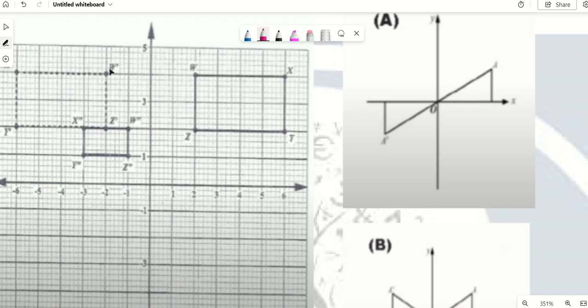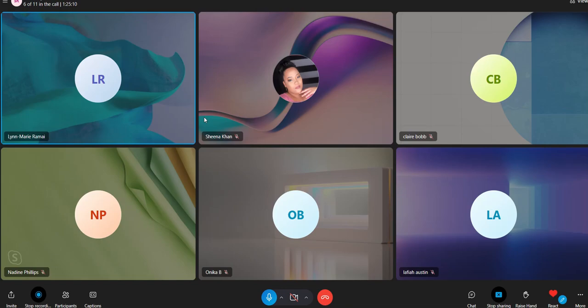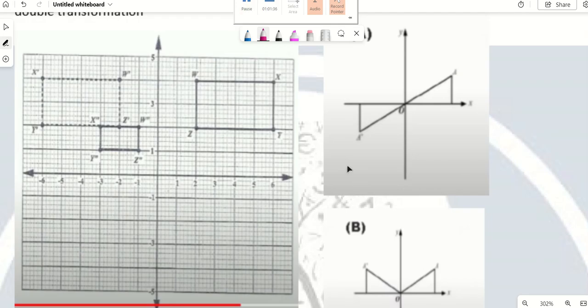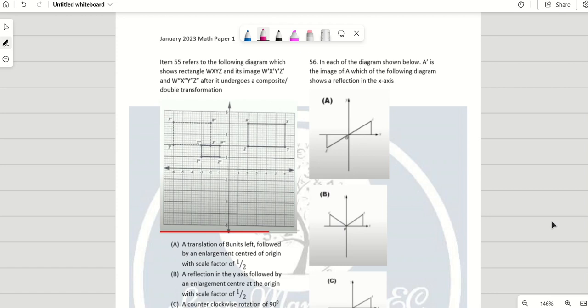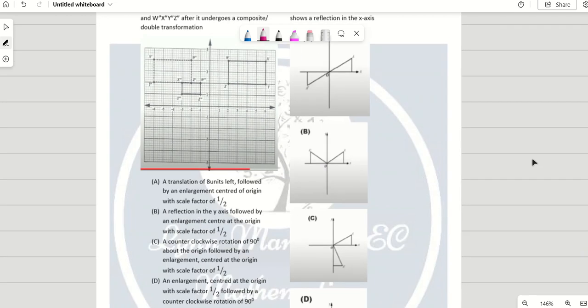Then we look at the orientation of XYZ. They are actually the opposite of each other. When we see that it's the opposite of each other, the first thing that you're supposed to think about is reflection. So the first thing that happened was a reflection, and then it had an enlargement.